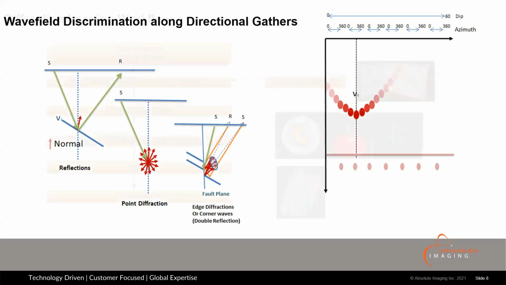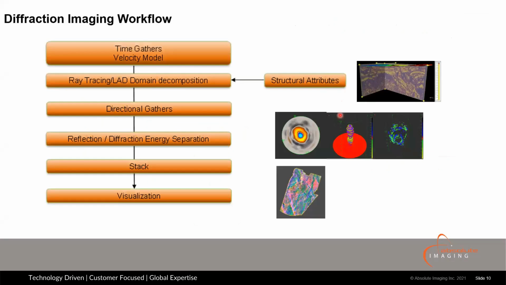So in a more practical, okay, sorry, just the workflow to cover first. We are coming up with time gathers and velocity models that we developed, as I discussed in a previous talk. We are taking the final velocity model in depth and the time gathers, using those structure attributes, DAC attributes, to constrain the solution, and then decomposition in this case, right?